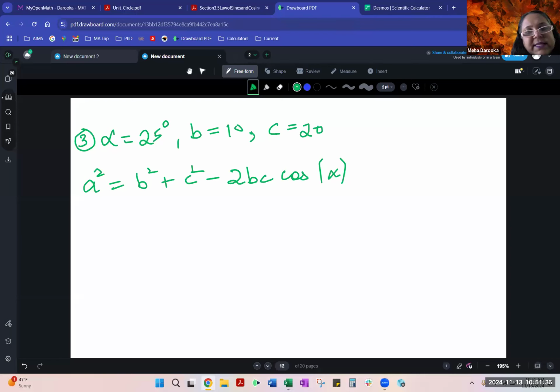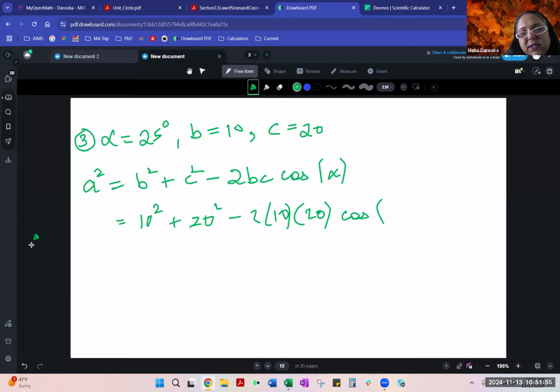So you will see this will come out to be 10 squared plus 20 squared minus 2 times 10 times 20, and then, of course, cosine of 25 degrees.